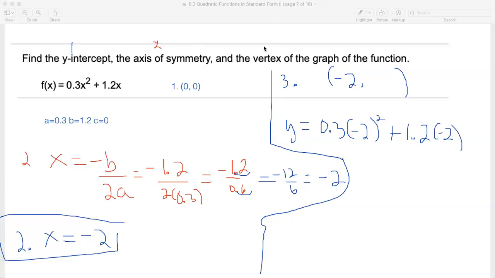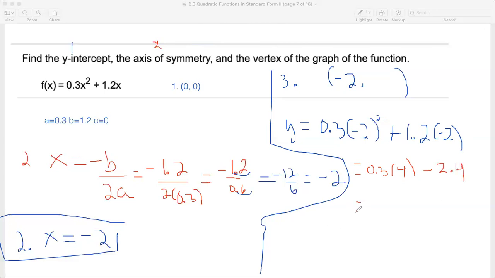Okay, let me change the color. So -2 squared is 4, so it's going to be 0.3 times 4. And then this will give me minus 2.4.